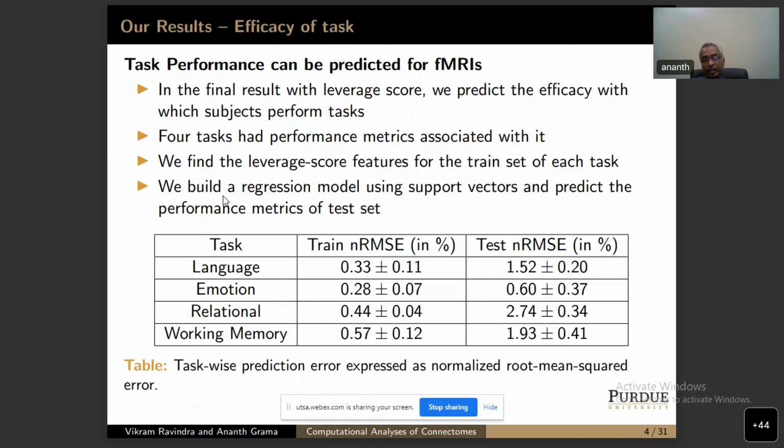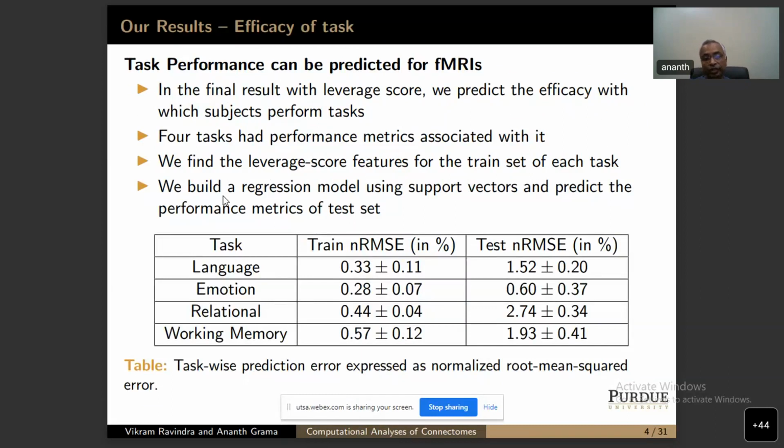The final hypothesis that we validate here is, can you get a sense of task performance from these fMRIs as well? So in this final result, we predict the efficacy using a relatively simple regression model that we fit using support vectors. So the regression model uses support vectors and predicts the performance metrics for a test set. The model is built on a train set.